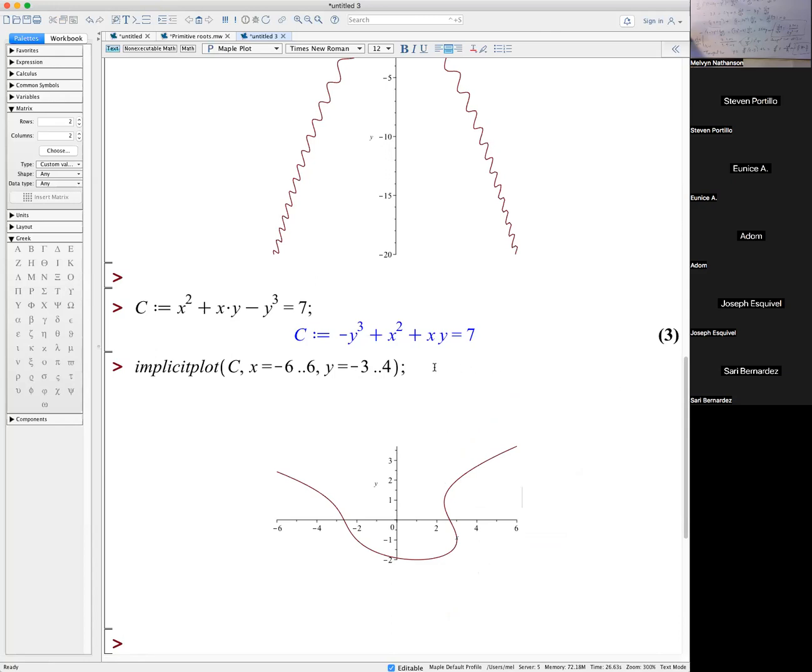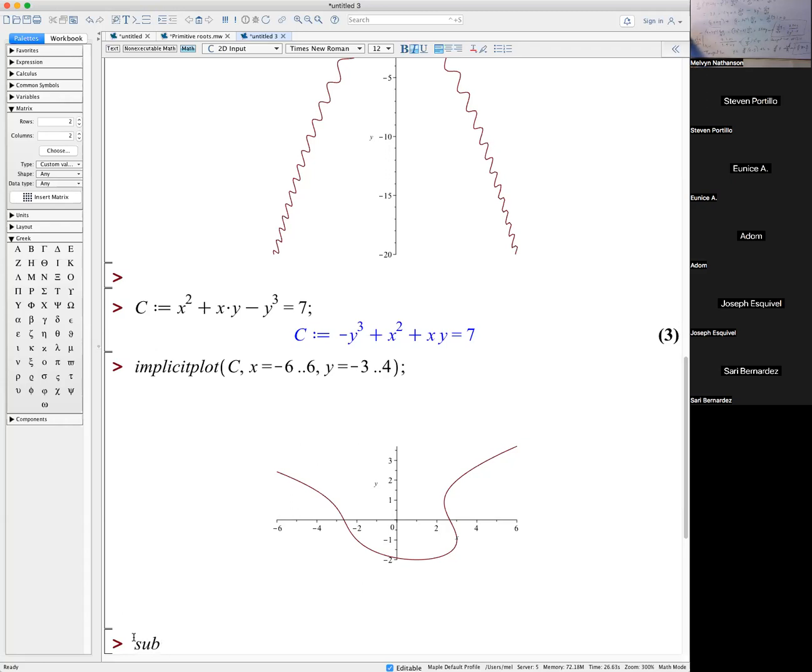And I want to find the tangent line at the point 3, 2. Let me just check to make sure that this really does lie on the curve.